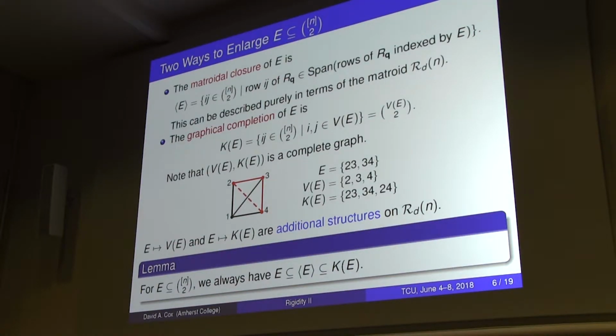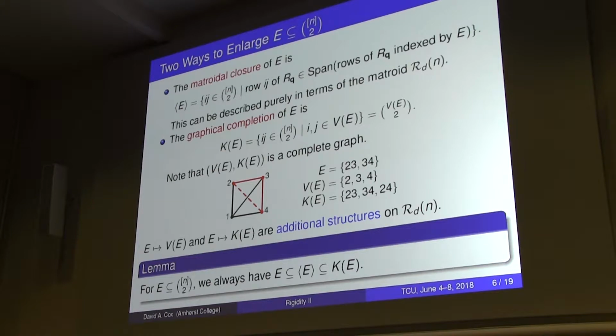In my rigidity matrix, I have a bunch of rows indexed by E, and they'll have a row span. But that row span might contain some other rows of the matrix, for ij's that are different from the ones in E. So I add those in. This will obviously contain those rows, but it might contain others when a row lies in that row span. And it turns out you can describe this purely in terms of the matroid.